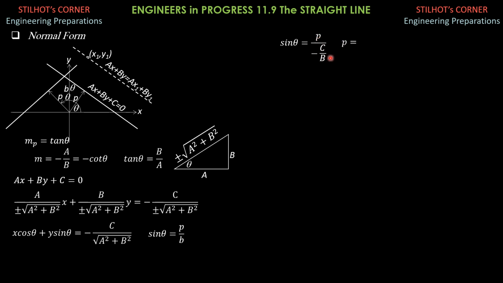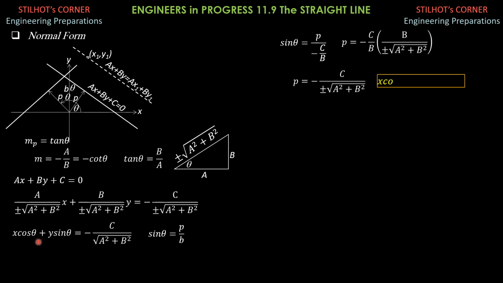Therefore, P is negative c over B sine theta, and sine theta is B over plus minus square root of A squared plus B squared. Cancelling out B, P therefore is negative c over plus minus square root of A squared plus B squared, which is this expression here. Therefore, the normal form is x cosine theta plus y sine theta equals P.